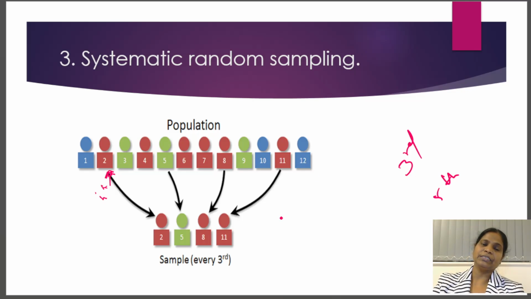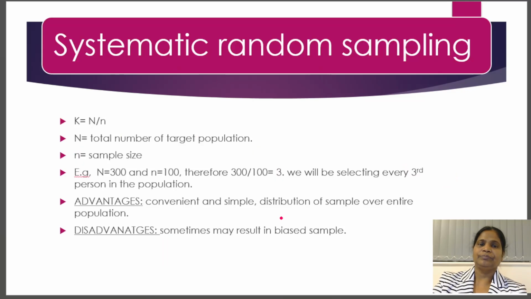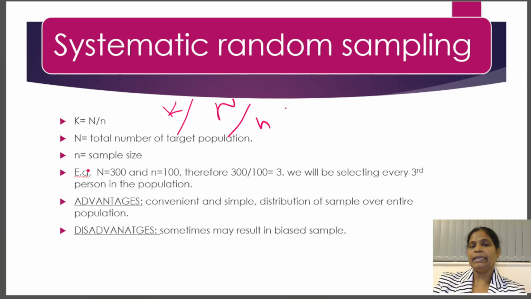If it is every fifth, then you skip 4 and take. So k is equal to N by n, where N is the total number of the target population and n is the sample size.